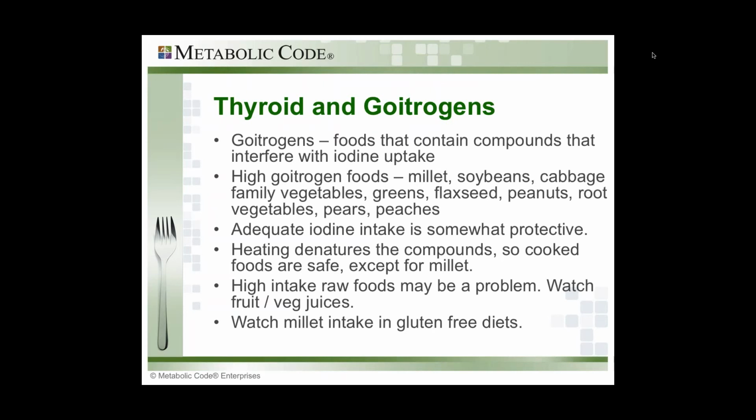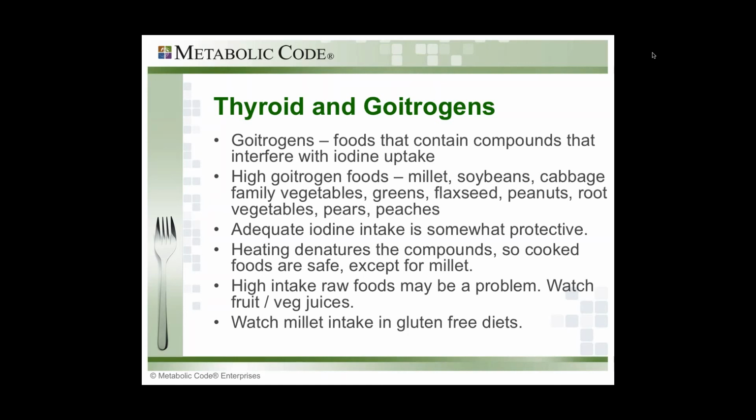Goitrogens are foods that contain compounds that interfere with iodine uptake. And the high goitrogen foods, number one is millet. Soybeans are high in goitrogens, cabbage family vegetables, greens, flax seeds, peanuts, root vegetables. I mean by that things like turnips and rutabagas, sweet potatoes.